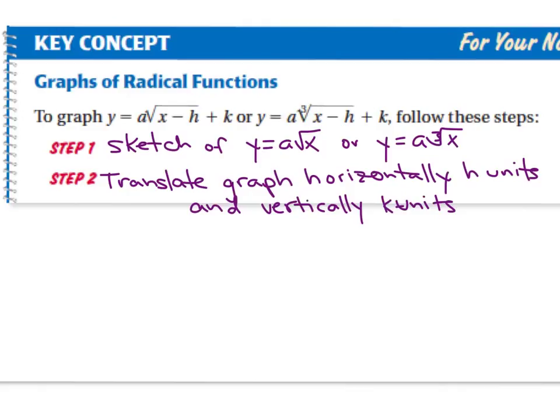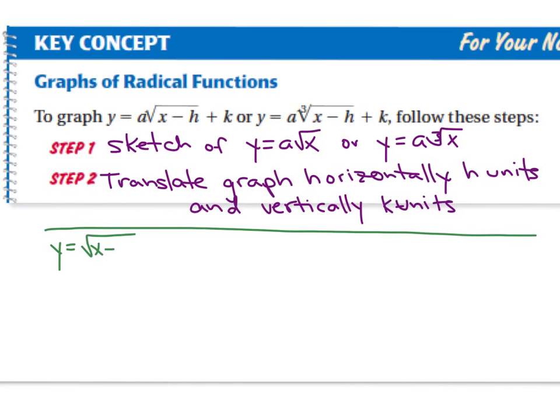So I'm going to do a couple examples down here at the bottom before we even go ahead and do a closer sketch of them. So for example, if you had y equals the square root of x minus 3 plus 2, the locator point, which I'm going to abbreviate as LP, would be 3, 2.